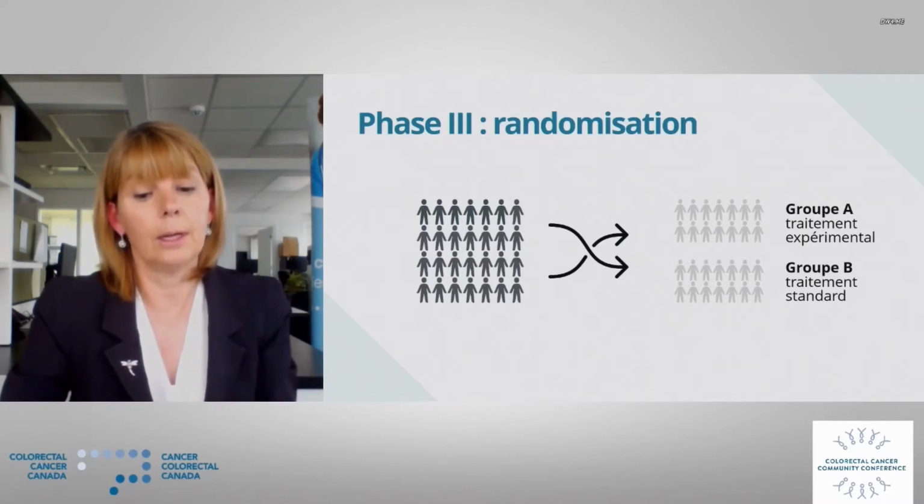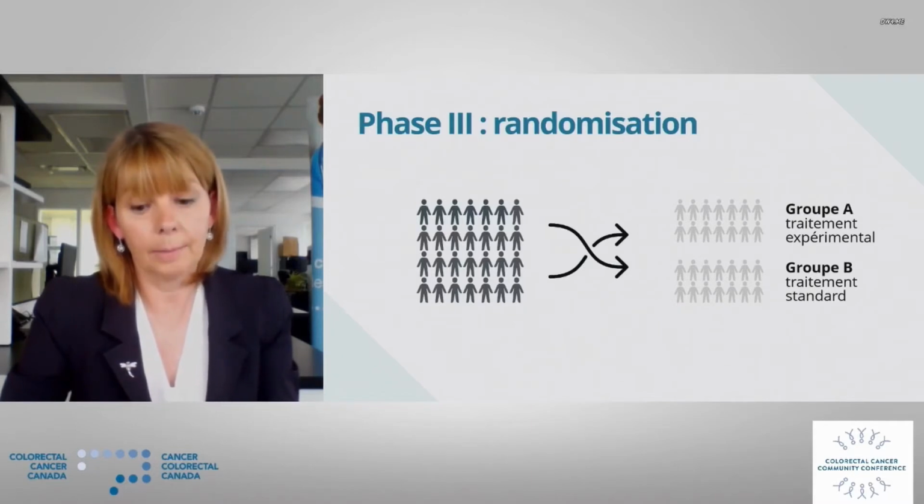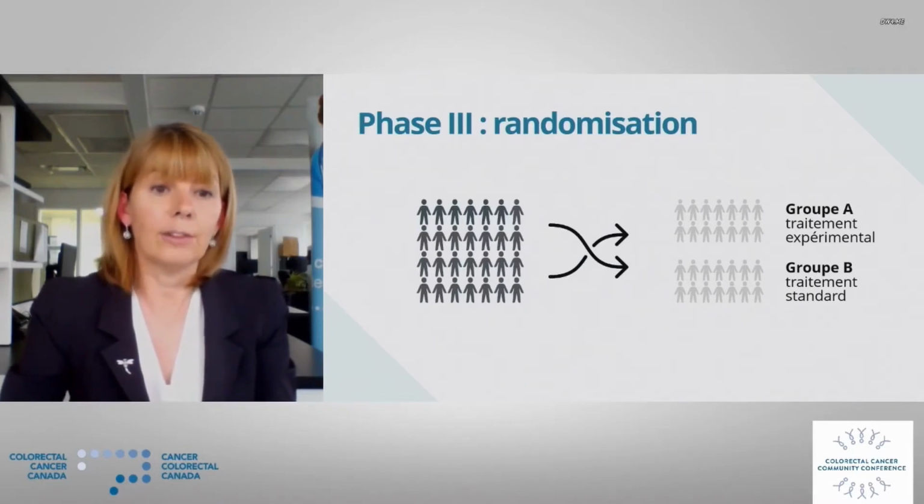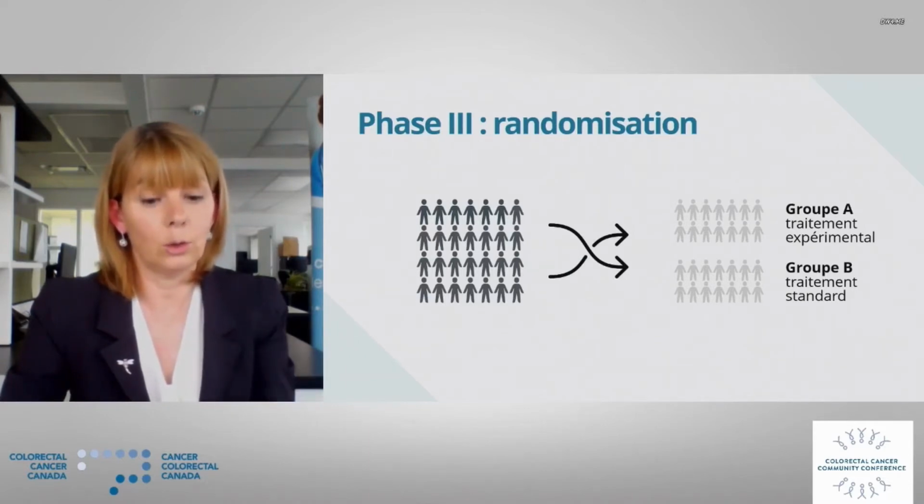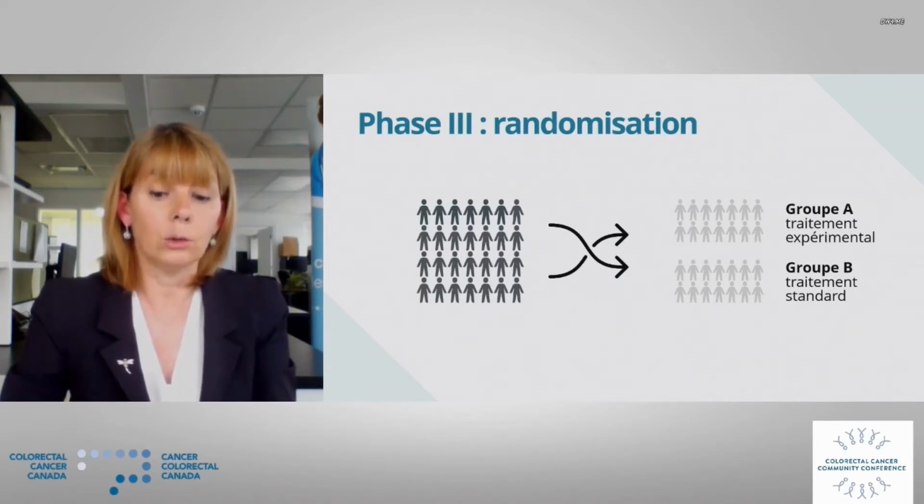In this kind of trial, it is important to ensure that the two groups of participants are comparable at the outset. Why? Well, because if at the end of the study we realize that there was a difference between the two groups, we will be able to assume that it's due to the effect of the treatment because nothing else distinguishes the two groups.